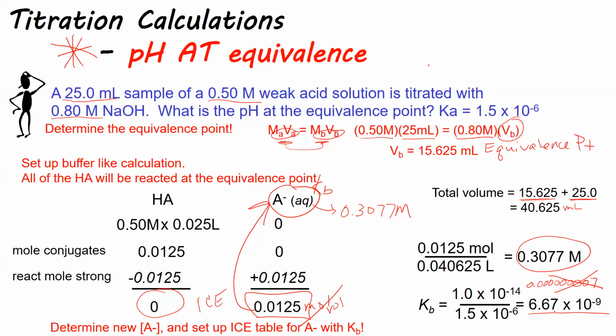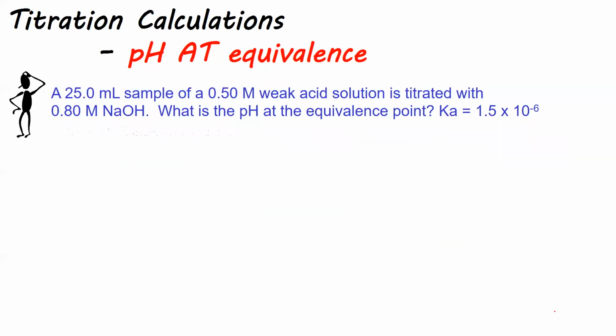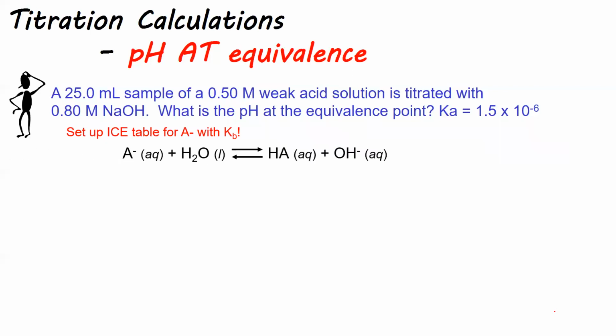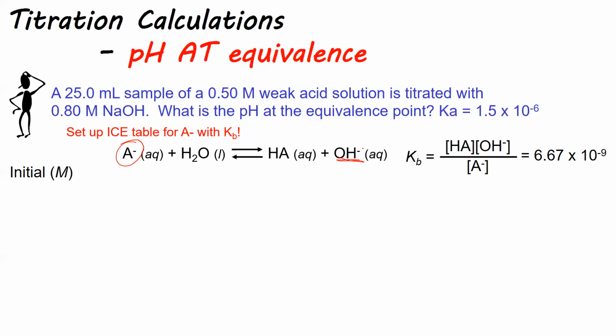All right, so I'm going to get a fresh screen. And I'm going to set up the ice table for the conjugate base. So now I'm producing hydroxide. All right, so the KB expression and my KB value, I'm going to set up my initial change in equilibrium.